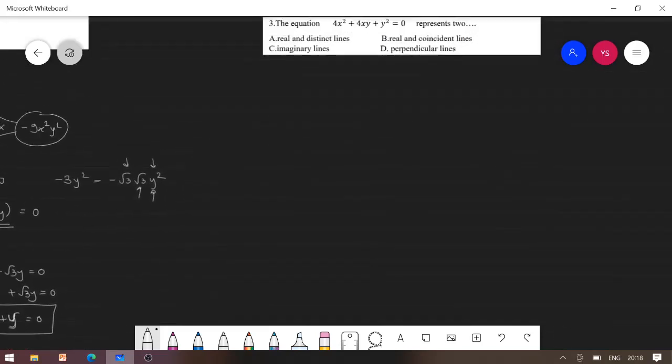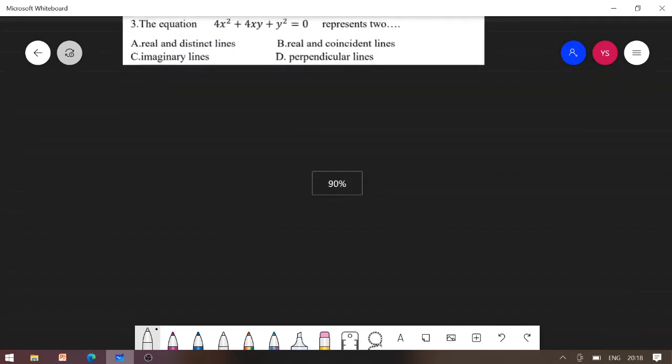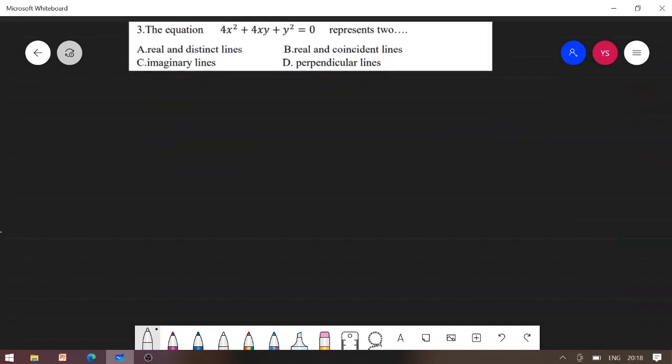Now look once carefully towards the next question. We have the equation 4x square plus 4xy plus y square equals 0 represents which type of lines? Real and distinct lines, real and coincident lines, imaginary lines, perpendicular lines.